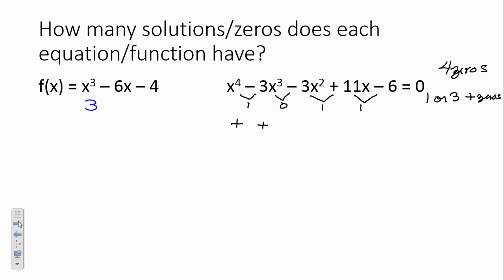Times a negative. Does everyone understand how I'm doing that? Do I need to write it out? Guys okay? Or do I need to write it out? Okay. Negative x times a positive 11. And then a negative 6. How many sign changes did we have? Just the one, right? So we know that we have how many negative zeros?